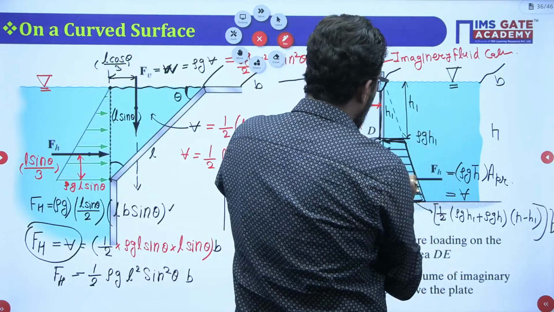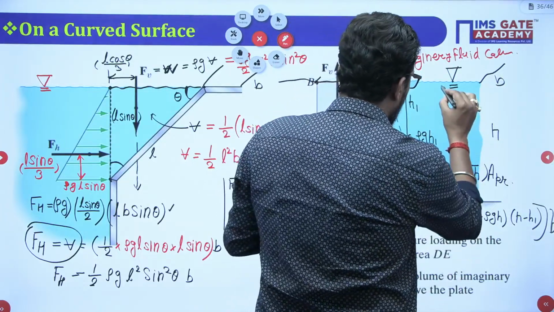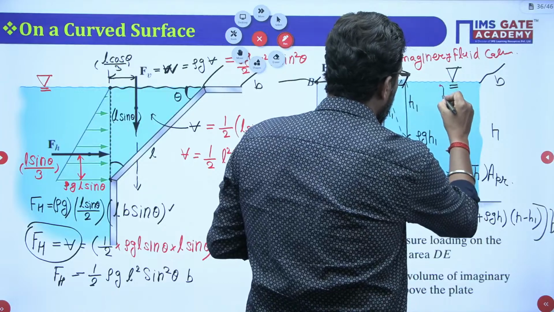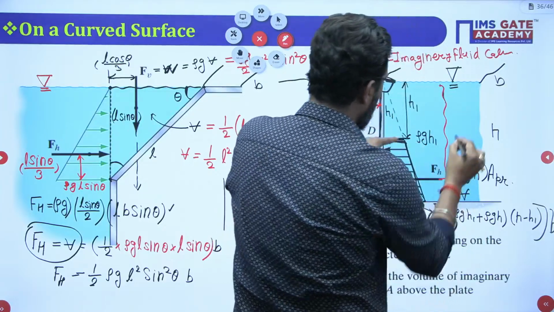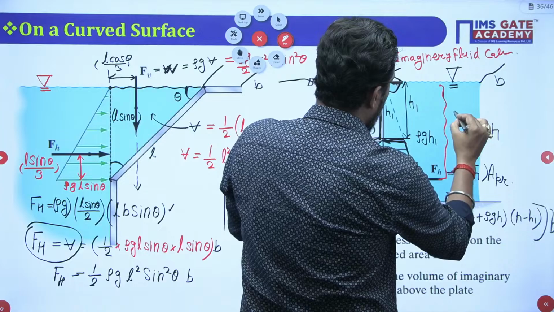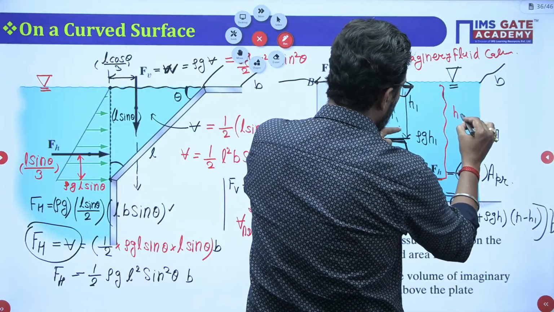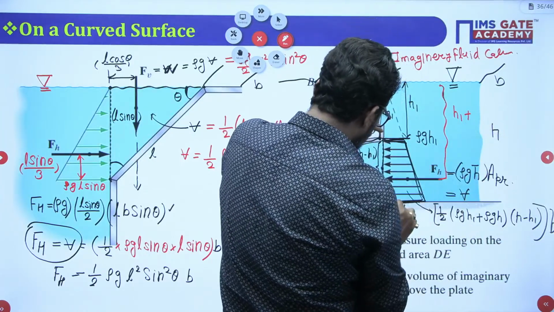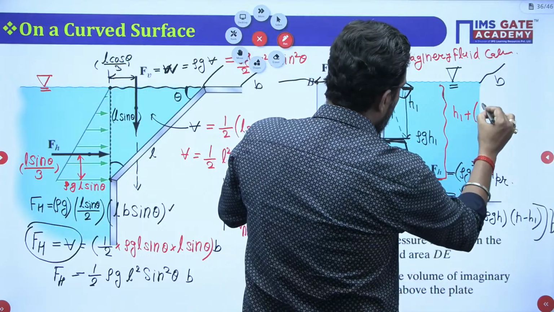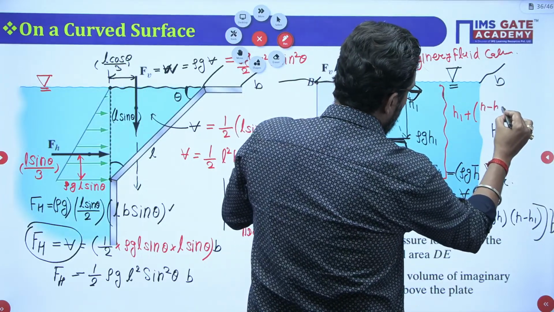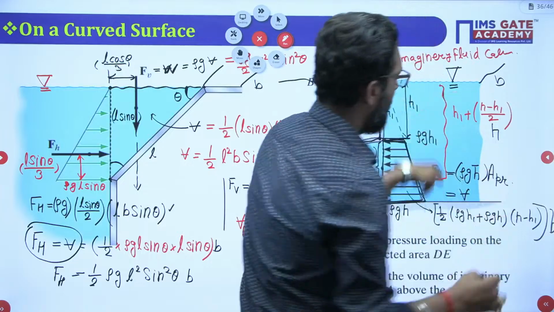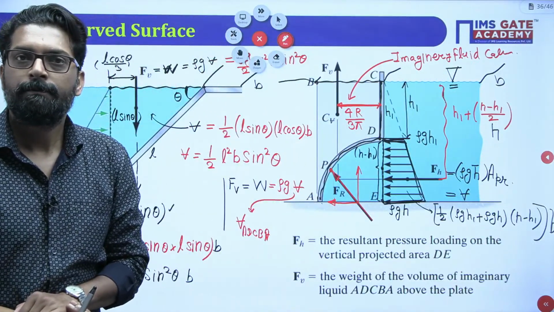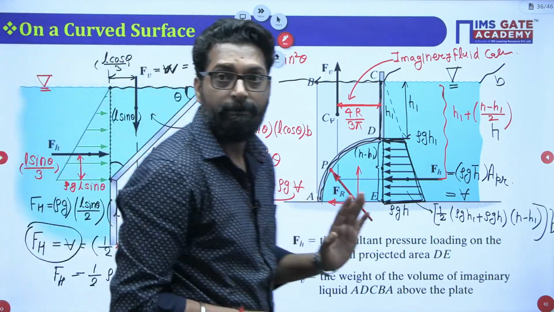That means this horizontal force will act at h1 plus (h minus h1) divided by 2. Simple. Clear now? This is clear?